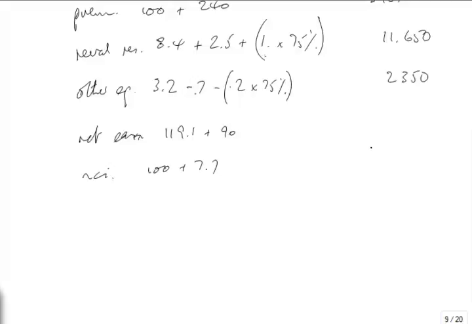And that should be, I'm thinking, their share of the retained earnings, minus then the NCI 7.5. So 209.1 minus the 7.5 is 201.6.